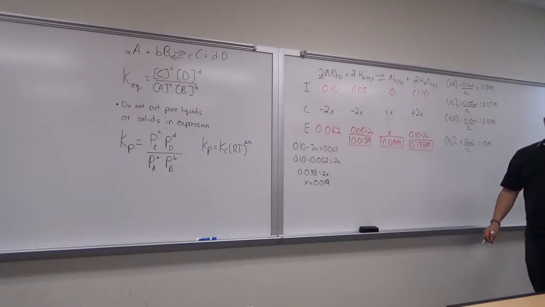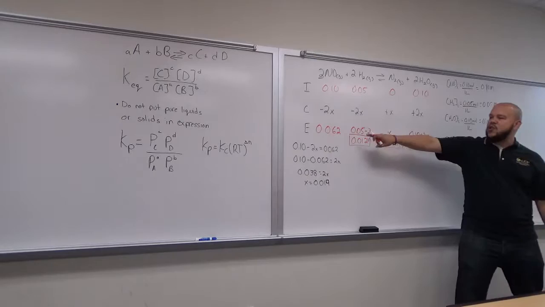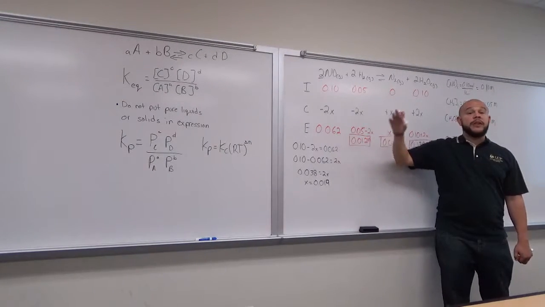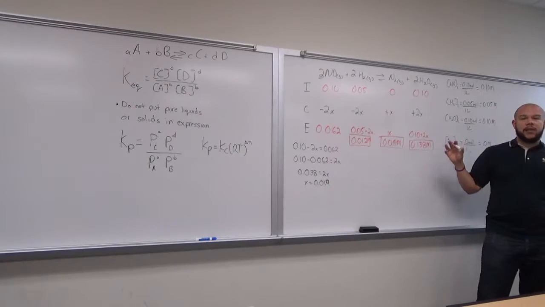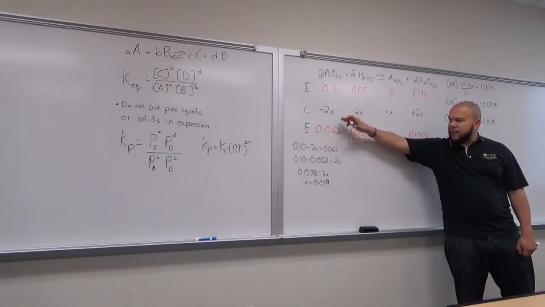All right, hopefully everybody see that the first thing I did here, solve for x using given information. We did not have to go quadratic here because this would have been a little too complex because of the stoichiometry. But we were given enough information to find x.